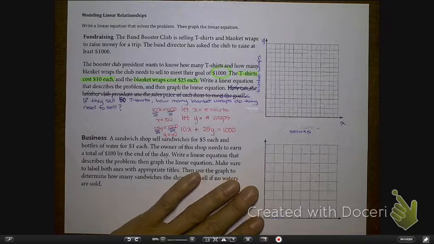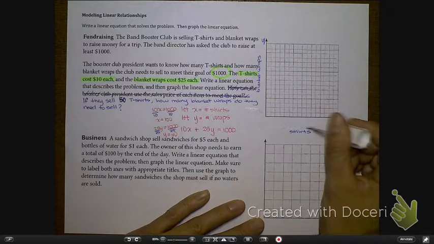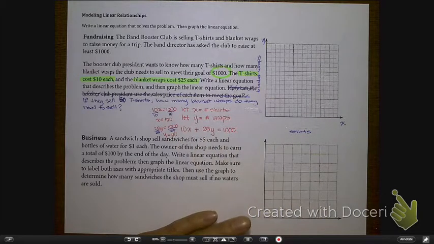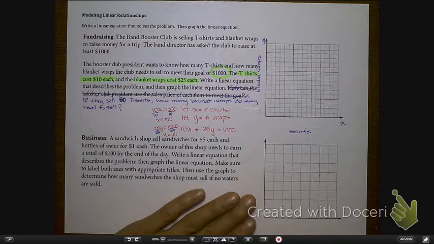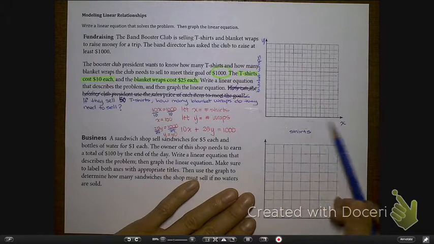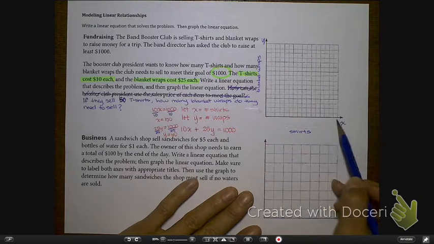Okay. Now, let's try to figure out how to scale this so that our scaling can accommodate 100 for our x-intercept and 40 for our y. Okay, so if I count here by tens, I can probably fit it. I tried earlier to count by fives and I got to about 75 and I ran out of room.